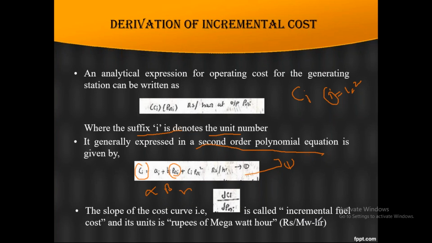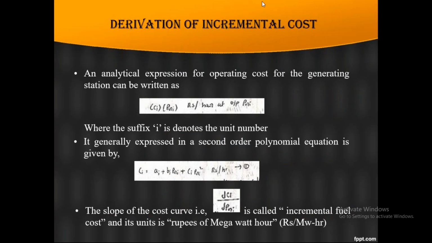Then you will get the incremental value. The slope of the cost curve, dCi by dPgi, is called the incremental fuel cost. The incremental cost is obtained by differentiating the second order polynomial cost equation for a particular unit.